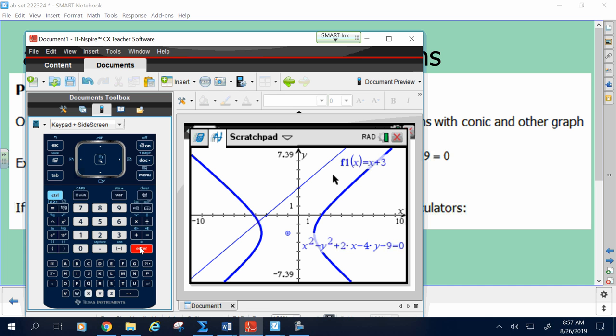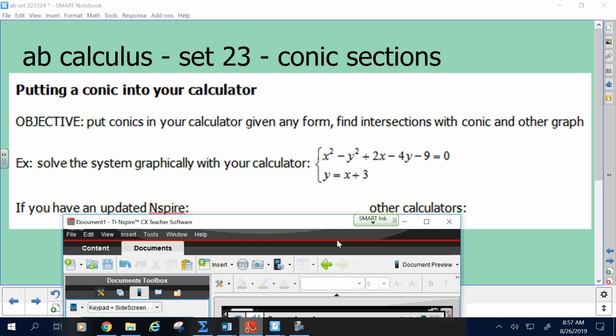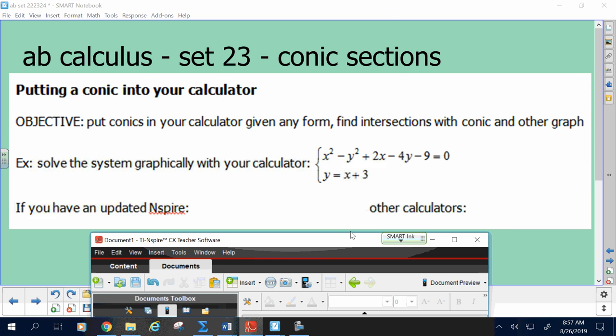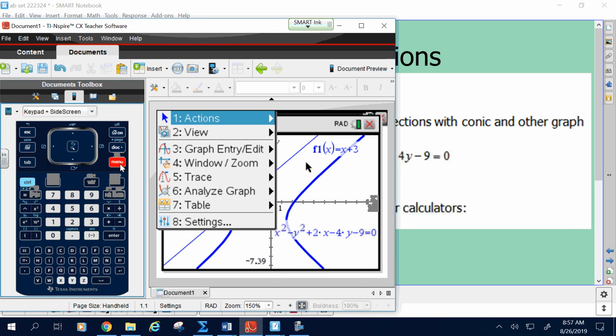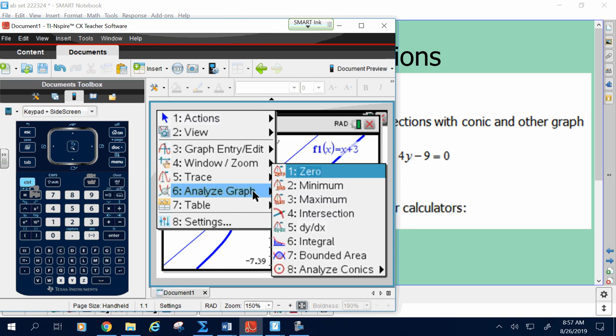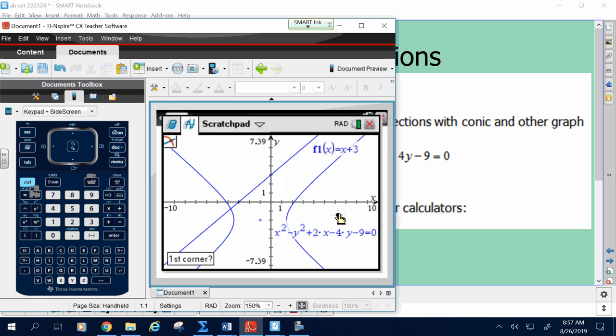Okay. Now we want to find the solution to a system. When you solve a system, what are you doing? Defining intersection points. So we go to analyze graph, and we're going to hit intersection. Now it needs to be told where to look.